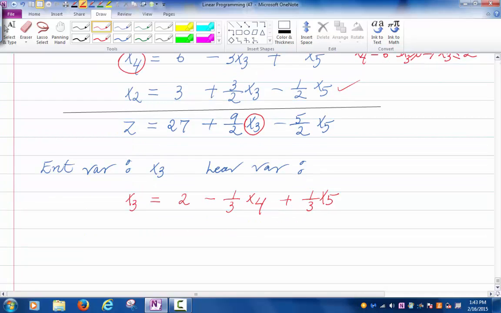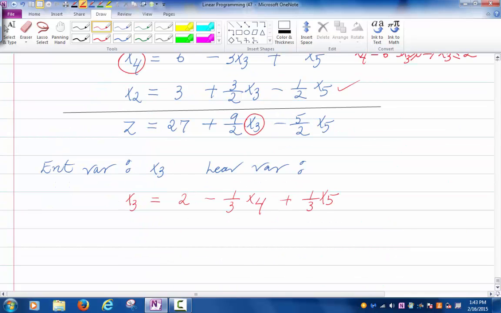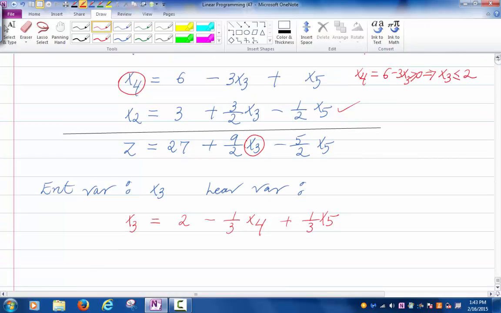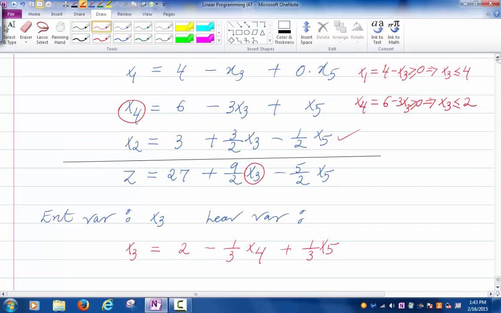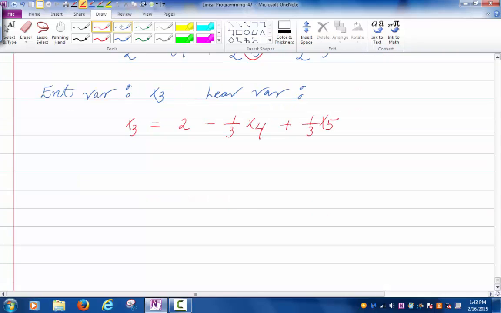And once I solve for that, then what should I do? I should plug that in where? In the rest of the equations. So plug in this value of x3 in the first one and the third one, and then simplify, and then you're going to come up with the following. I'm not going to show you the details here.